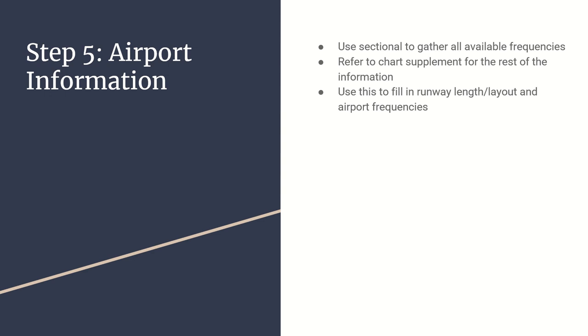We need to communicate with traffic in the area on the CTAF and other information, right? How long are their runways? Which ways are they facing? Is there a right pattern for a particular runway? Are there parachute operations? Just like all sorts of questions, right? What services does the airport have? We are taking the time now to answer these questions so that we can be prepared.